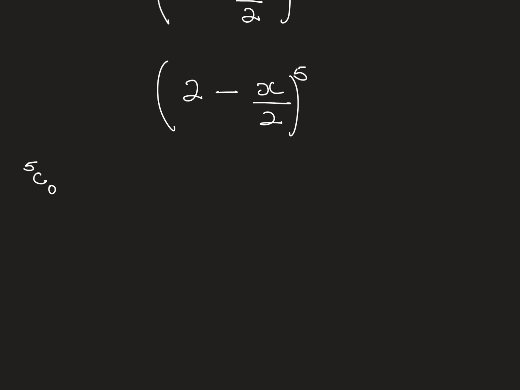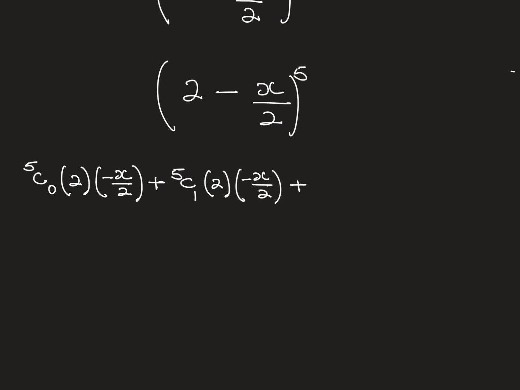Then we bring in the binomials that we have. One of them is 2, the other one is negative x over 2. So let's multiply it with 2 and negative x over 2. Then plus 5 combination 1 into 2 into minus x over 2.